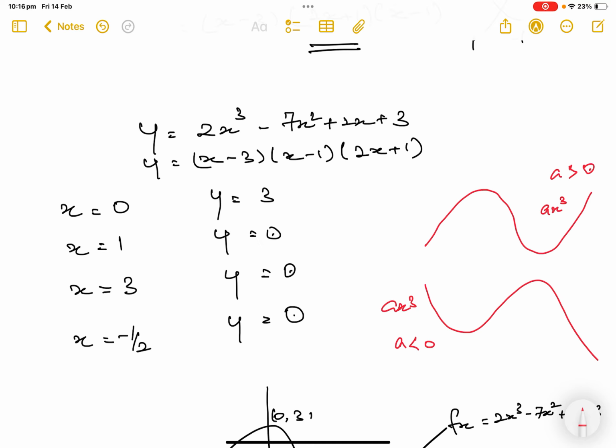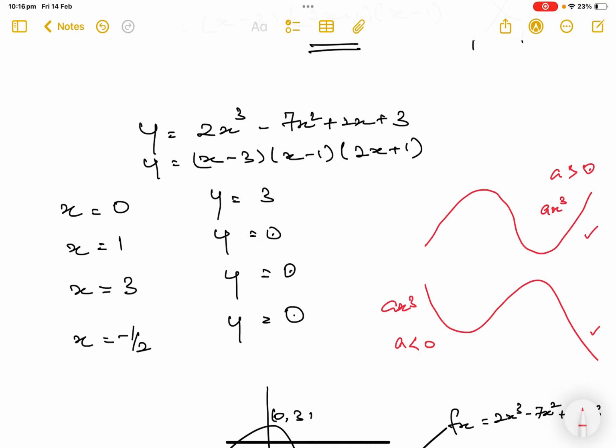The actual function is 2x³ − 7x² + 2x + 3. If the function is a cubic function, the graph is like the first one or like this one. The first one means if the coefficient of x³ is positive, the graph will be rising to start with, then going down, with a maximum point and a minimum point.